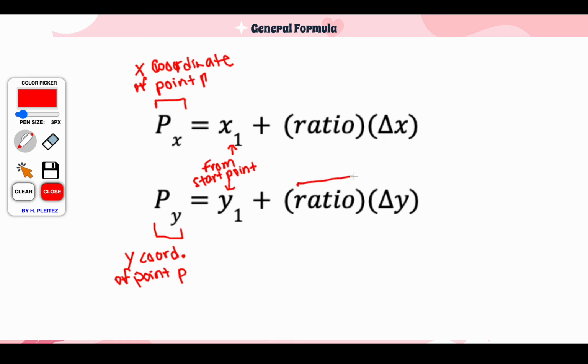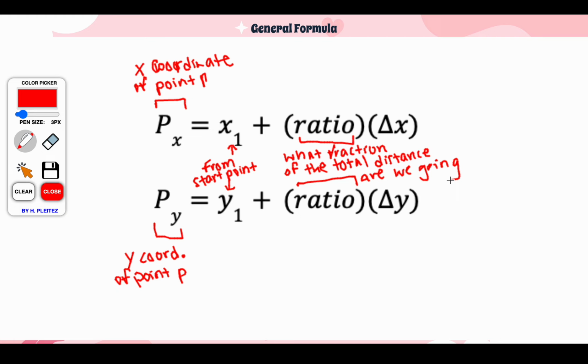And then this ratio part of the formula here is figuring out what fraction of the total distance we are actually traveling. So I believe in the example before, we were going 3/5 of the way, right? So depending on the question, maybe you're going 2/5 of the way or 4/6 of the way, right? It could be any fraction there. So what fraction of the total distance are we going?